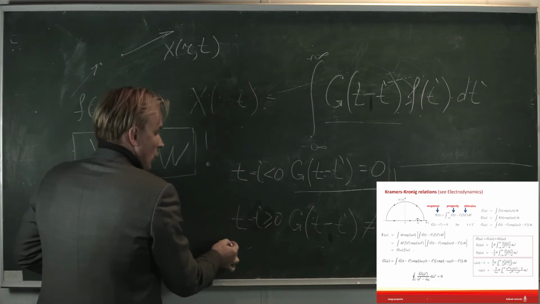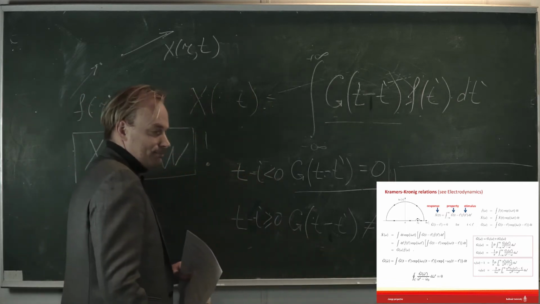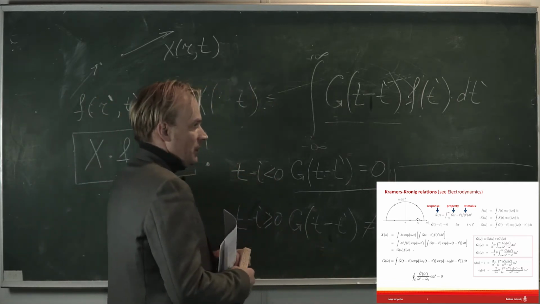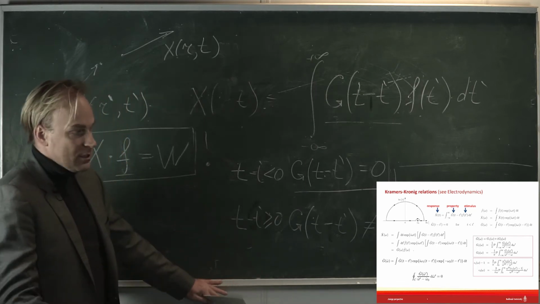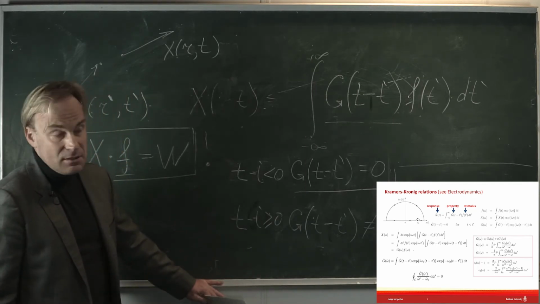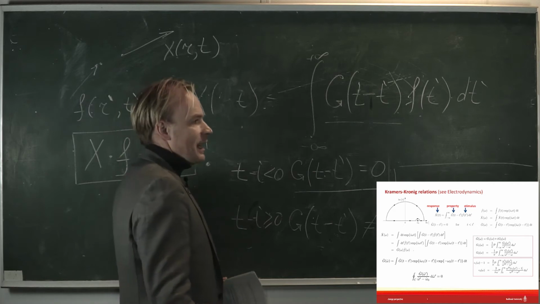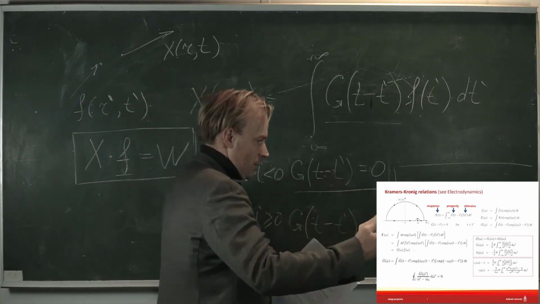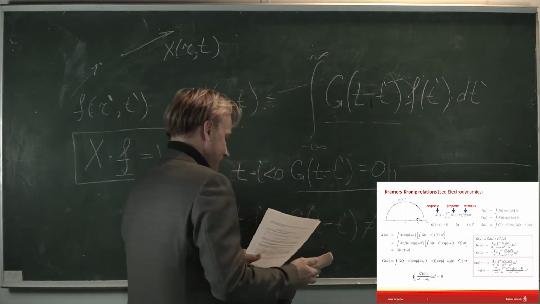Once again, we call it causality. So something very logical. Because the response is a result of force acting on the system, we cannot expect any response before the force had actually acted.